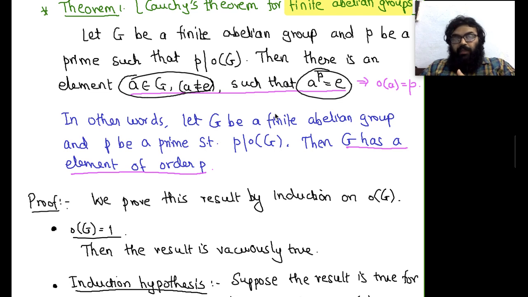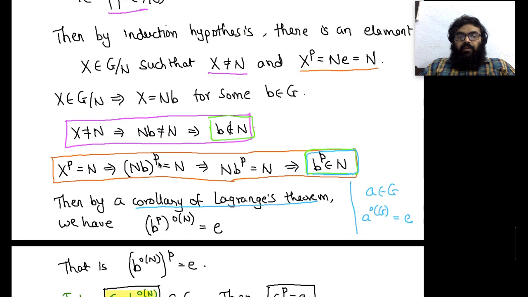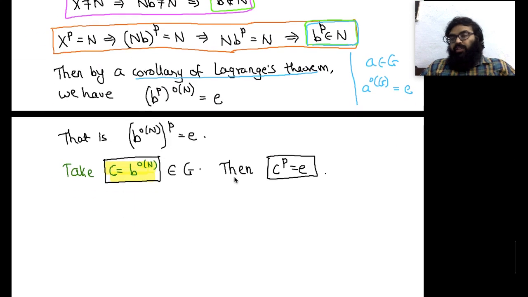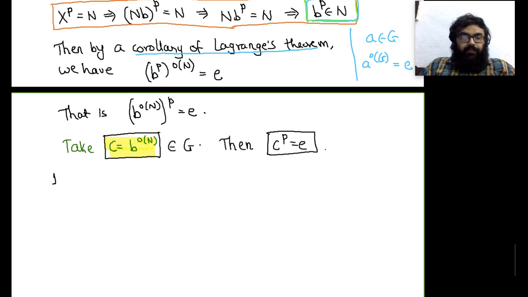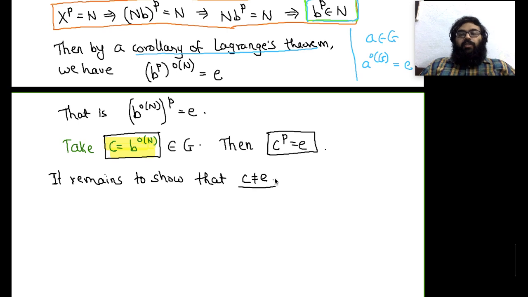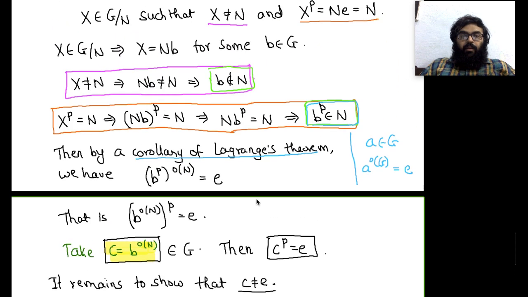So we have found C in G such that C power P is identity, but the only thing which remains to show is that C is not identity. So this is the remaining part.